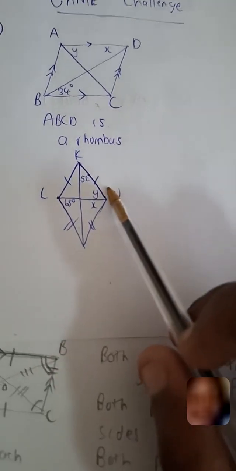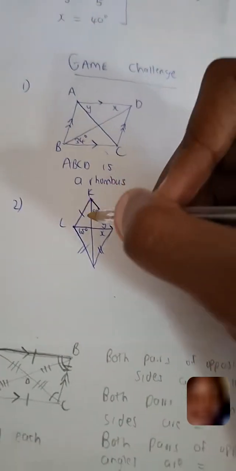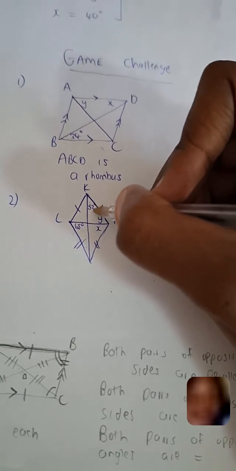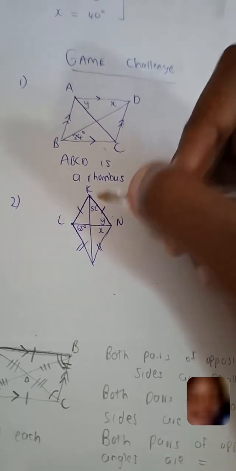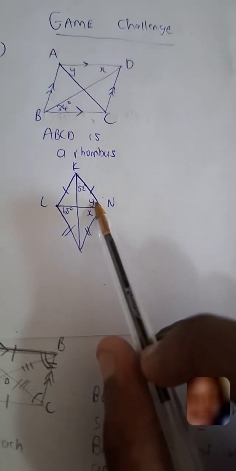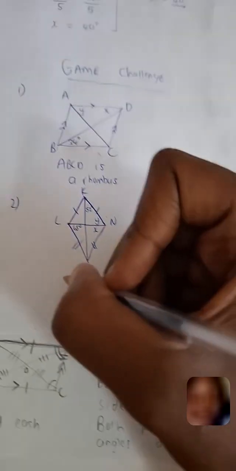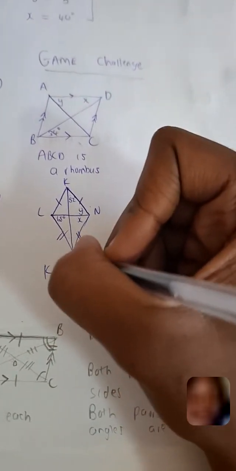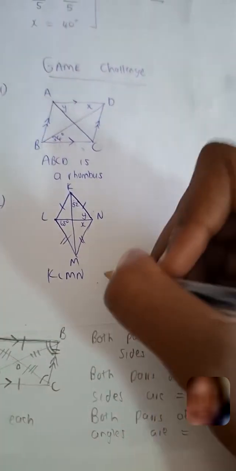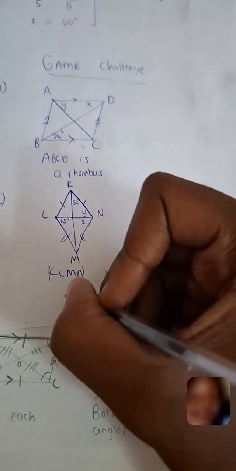Okay, this is a kite. The angle here is 52 degrees. LMN is a kite.